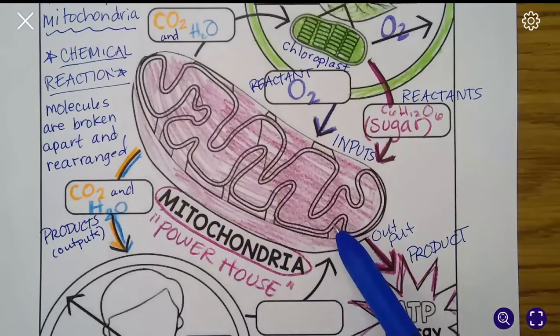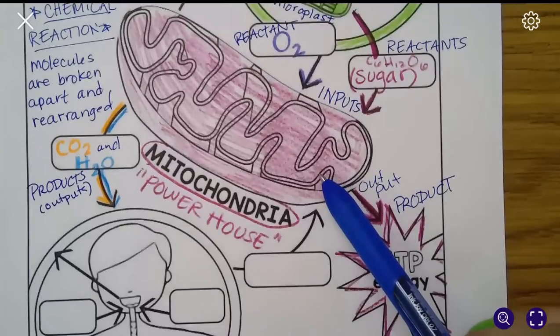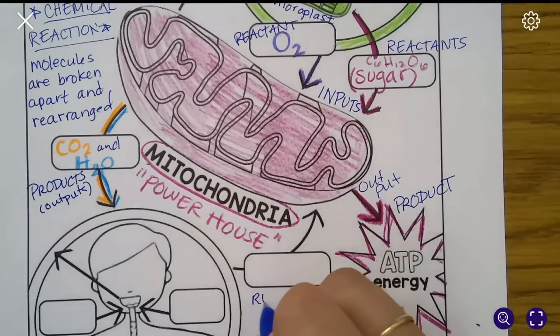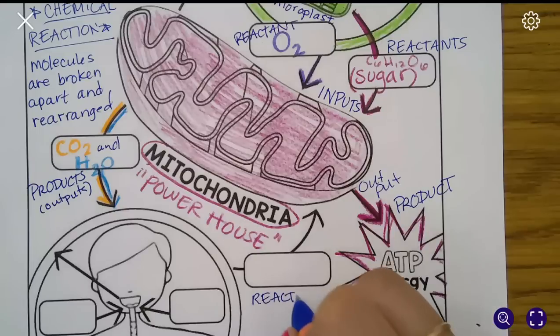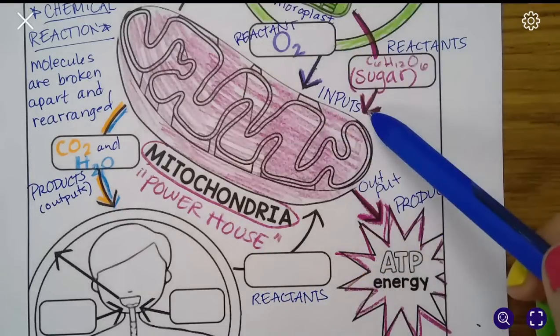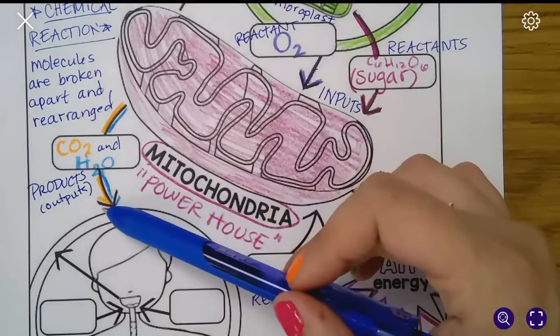What has to go in as my reactants, because it's a cycle? So in goes oxygen and sugar, out comes CO2 and H2O.